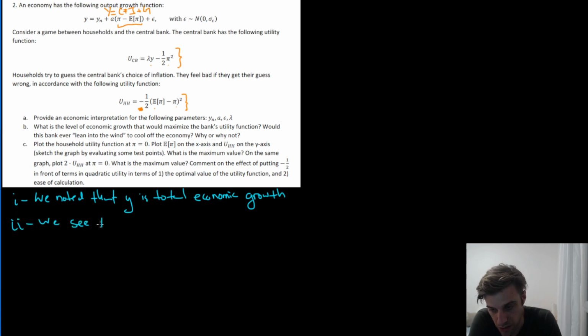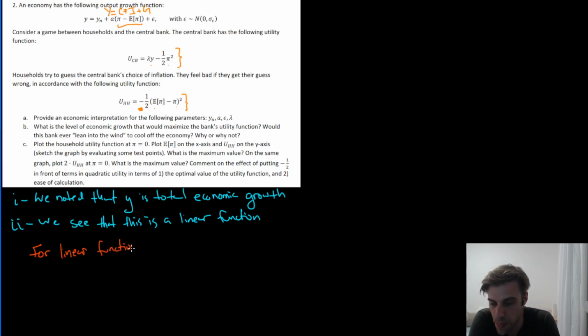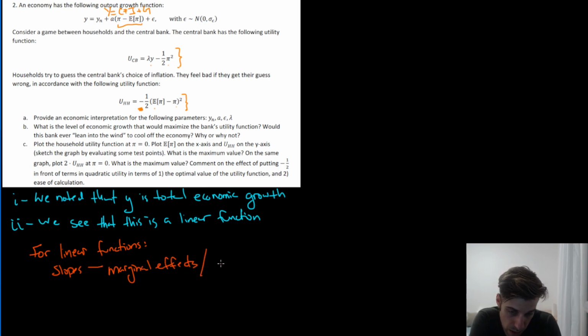When we have a linear function, there's only two roles that are played by anything: the slopes and the intercept. For linear functions, slopes are marginal effects, or if you like, they are sensitivities.